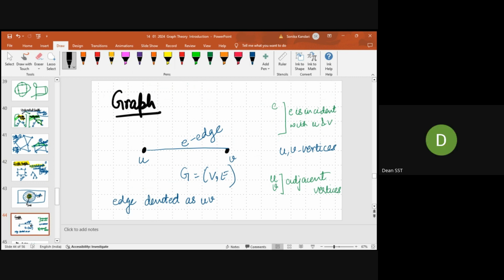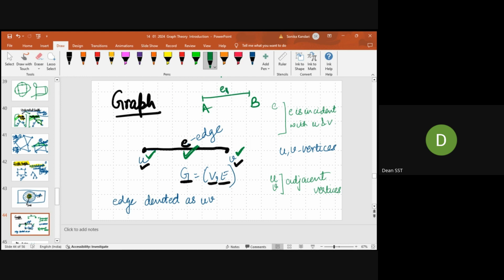This is a graph having two vertices, one is U and another is V. And here we have this edge, this edge is E. We have represented this graph as a set of vertices V and a set of edges E. Now we can say that this edge E is incident on vertex V and vertex U. Means suppose we have A, B as vertices and E1 is the edge.